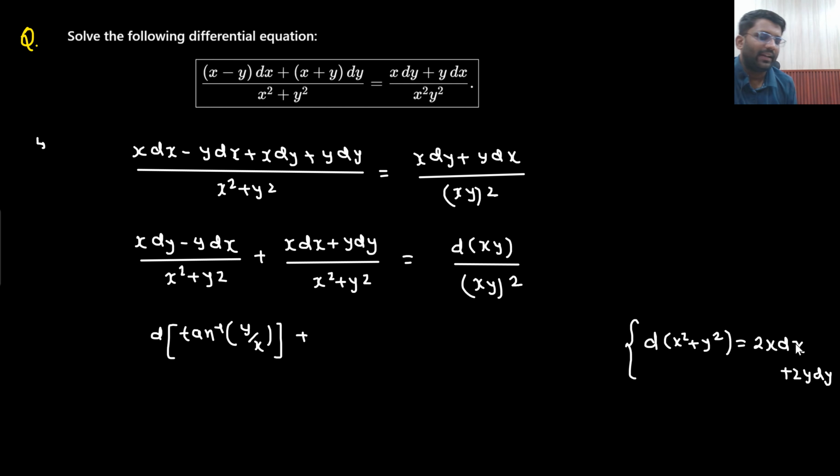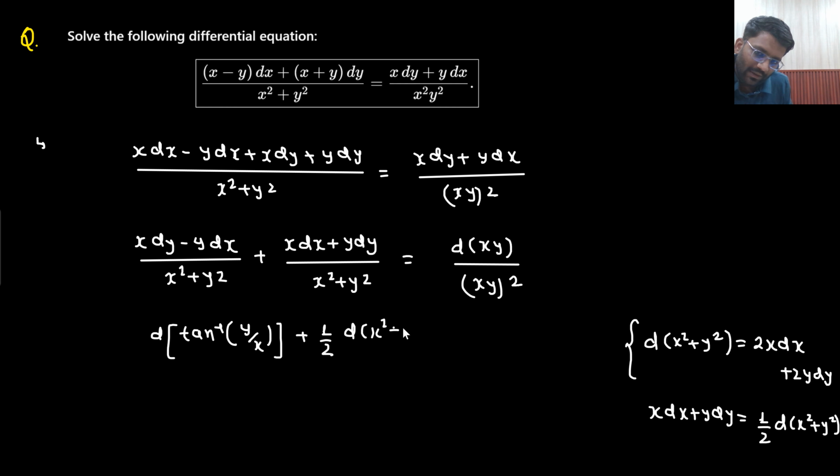That means x dx plus y dy is 1 by 2 d of x square plus y square, divided by x square plus y square. That is equal to d of xy divided by xy whole square.